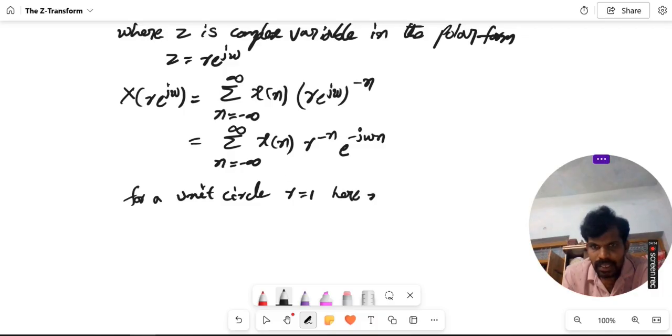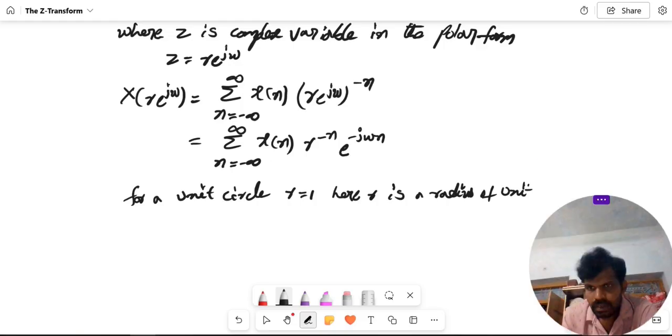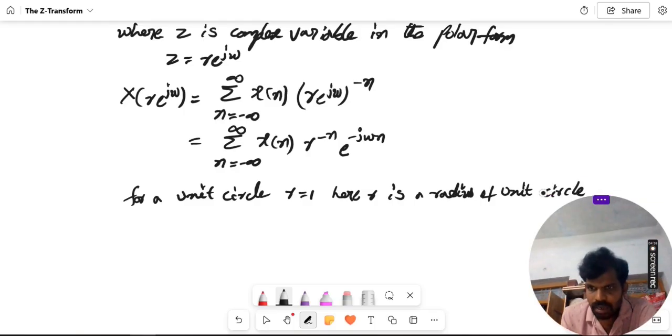Here r is the radius of the unit circle.